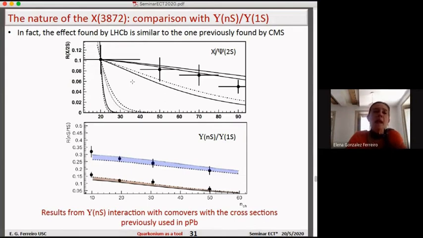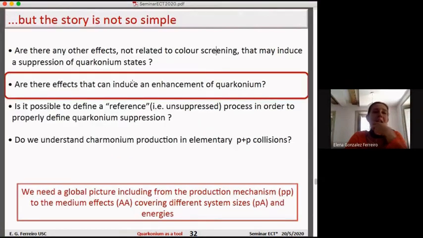What are we doing now? There is one point that was mentioned at the beginning, and that was the enhancement of quarkonium. So it's true that there are effects that can induce an enhancement of the quarkonium.